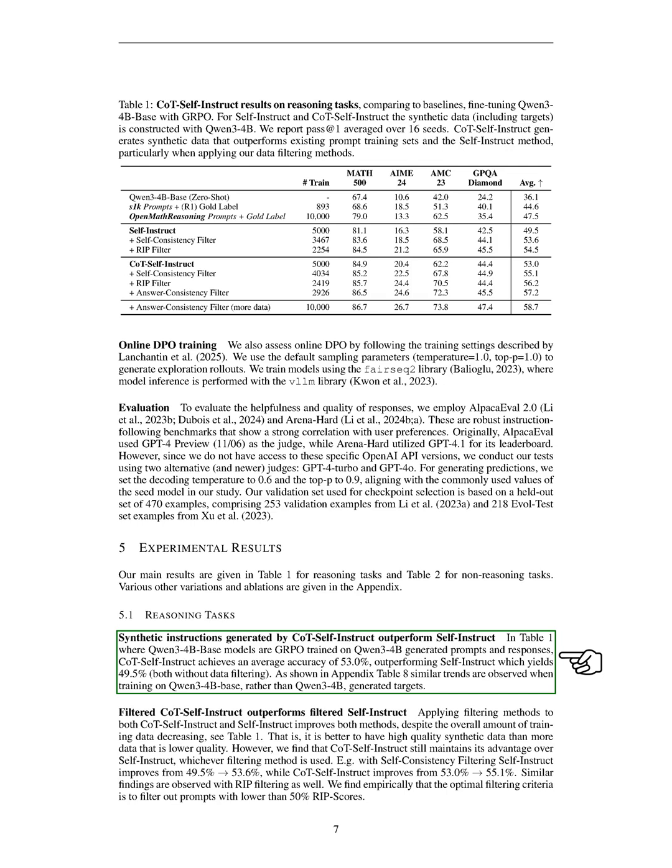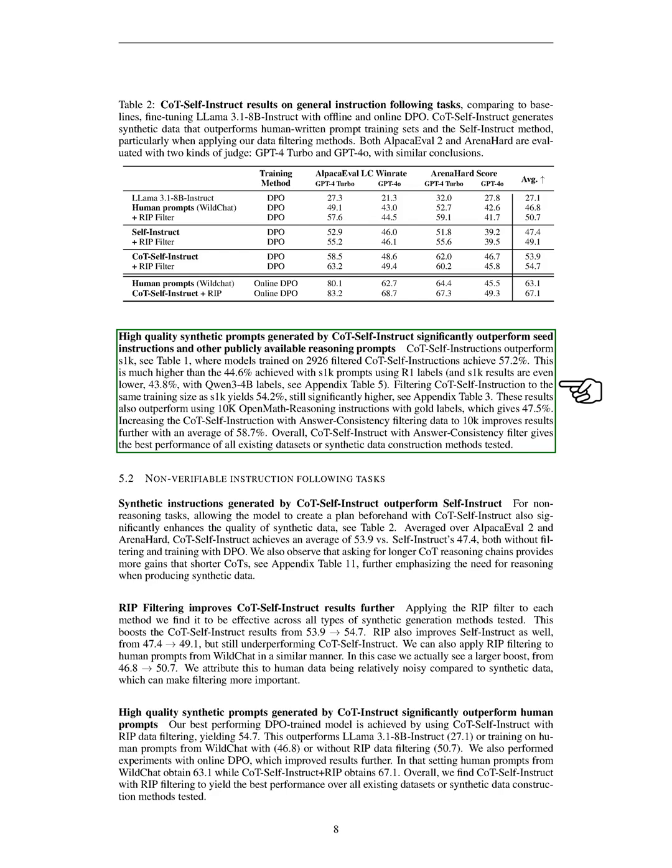Finally, we find that high-quality synthetic prompts generated by CoT-Self-Instruct significantly outperform seed instructions and other publicly available reasoning prompts. Models trained on 2,926 filtered CoT-Self-Instructions achieve an accuracy of 57.2%, which is much higher than the 44.6% from S1K prompts.